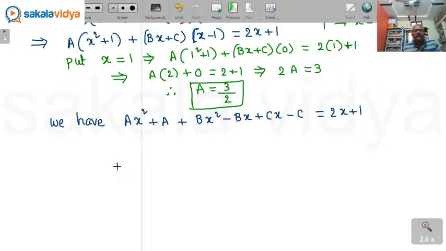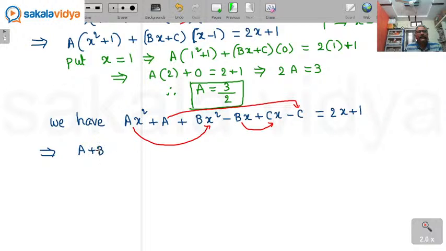Okay. So now from these we take x square common, and from these two we can take x common. These are constants. We can separate it. So from ax square, bx square, taking x square common, we get (a plus b) times x square.